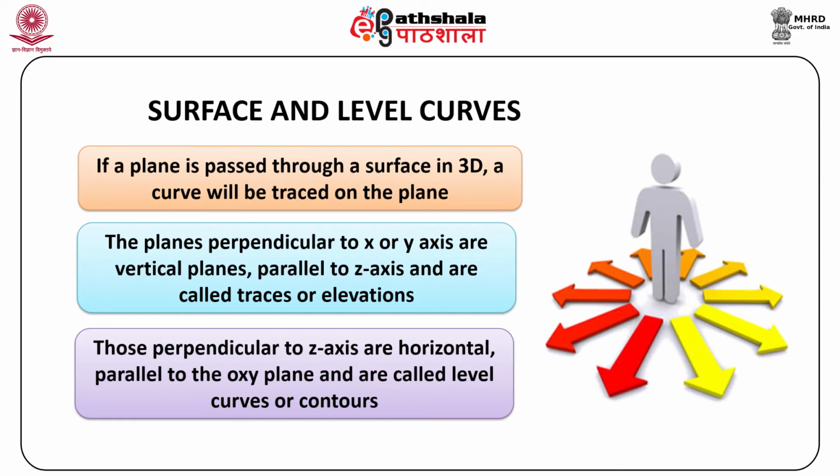The plane can be principally in any direction, but of particular interest are the planes perpendicular to the three coordinate axes. The planes perpendicular to x or y axis are vertical planes parallel to z axis and are called traces or elevations, and those perpendicular to z axis are horizontal, parallel to the OXY plane, and are called level curves or contours.